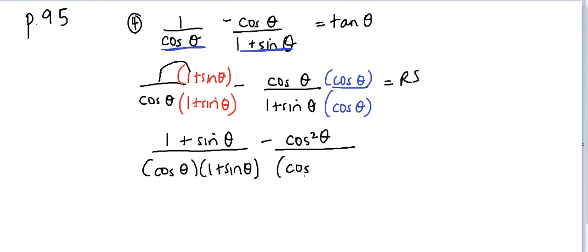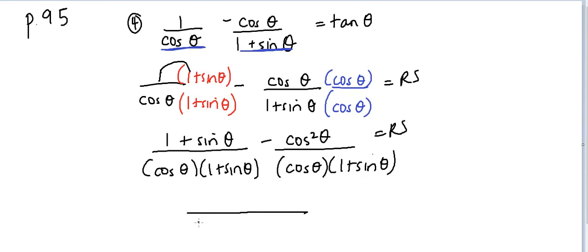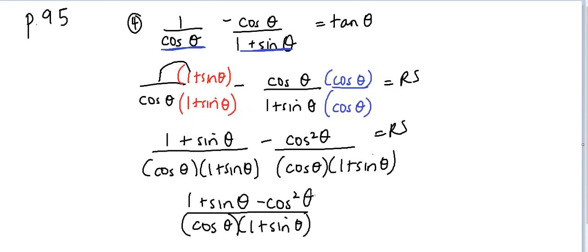I'll just put them in the same order because it's a common denominator. So what do we have? We have a common denominator, good. At the top, we have 1 plus sine minus cosine.